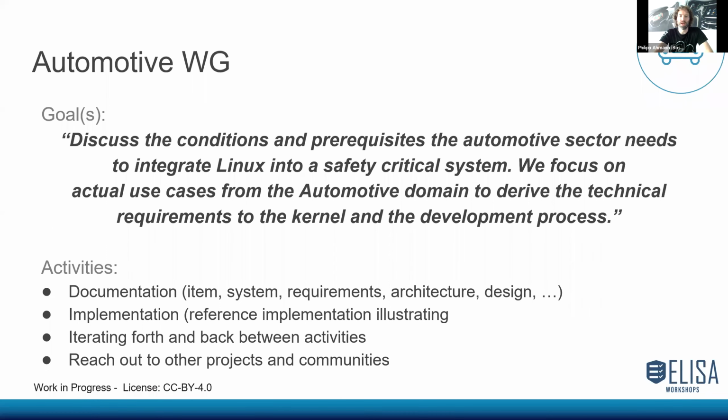This also helps in onboarding new members who come into the project. By this, we write down requirements, system architecture, and have an item definition. But we didn't want to have just theory. So basically, before we actually documented, we already had some reference implementation.